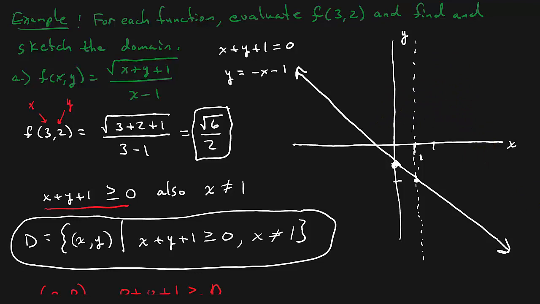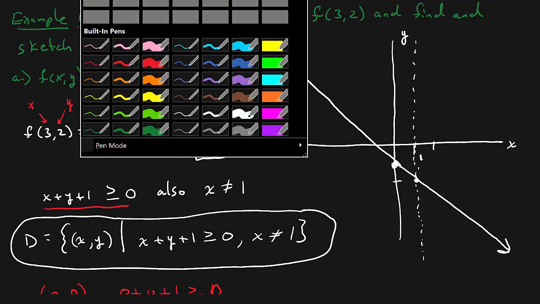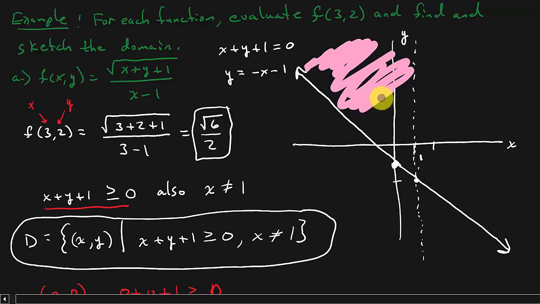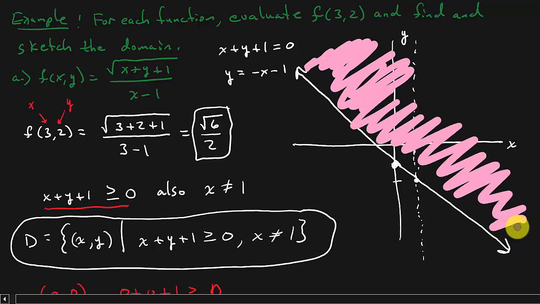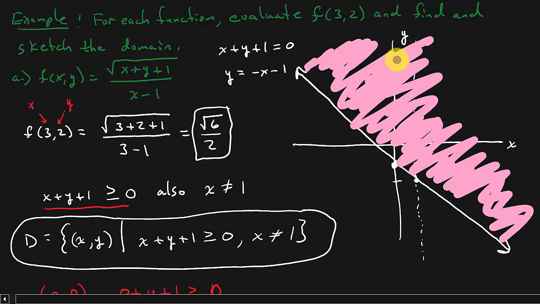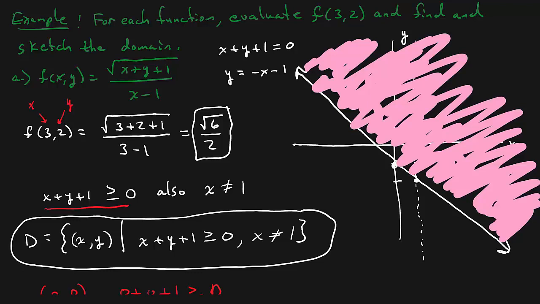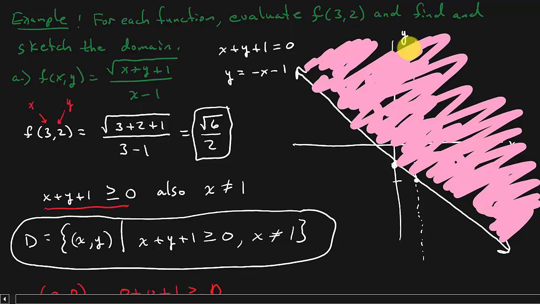So that means it's this side of the line that gets shaded. Let's use this. So it's going to be this part right here that's shaded. Okay, but now I need to come back in here and put that dotted line up above it so we can see it.